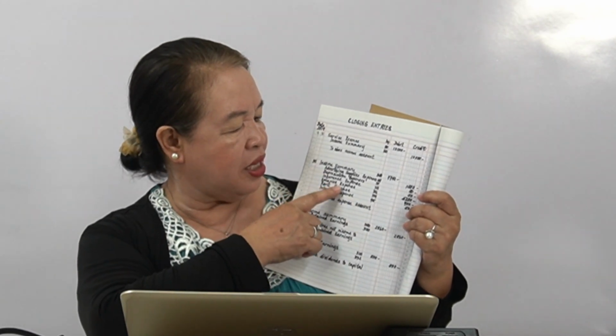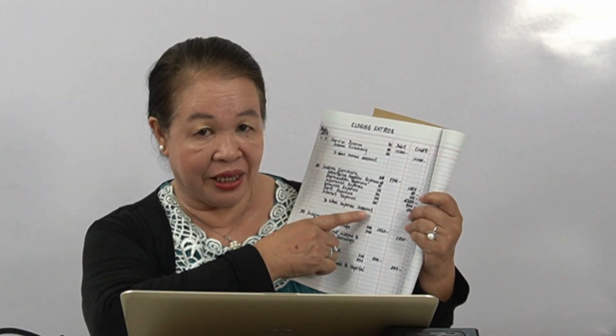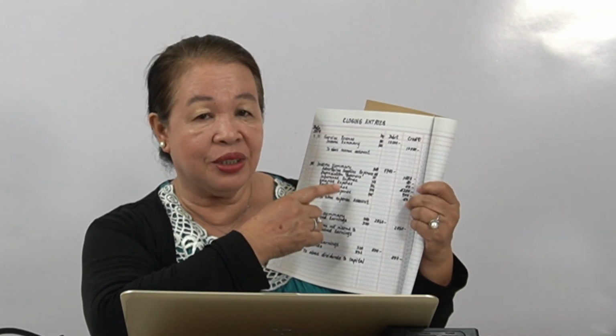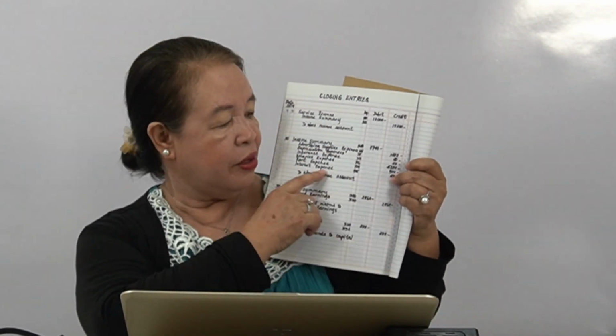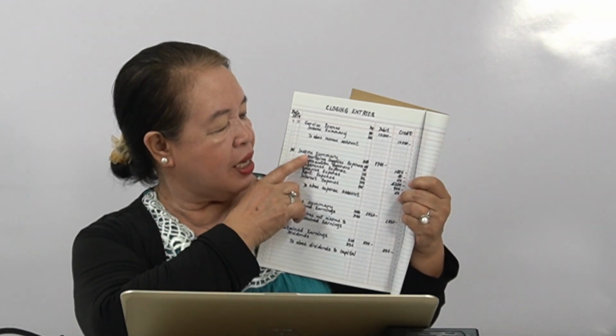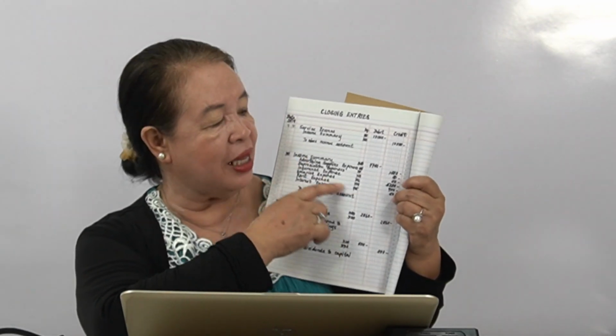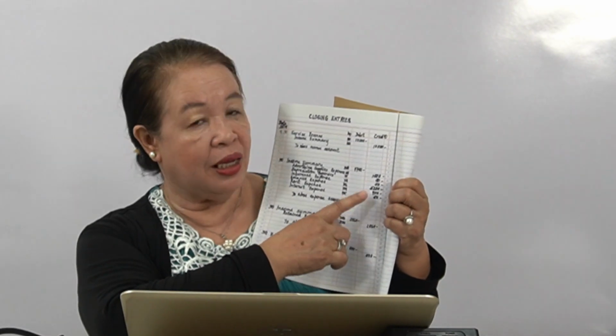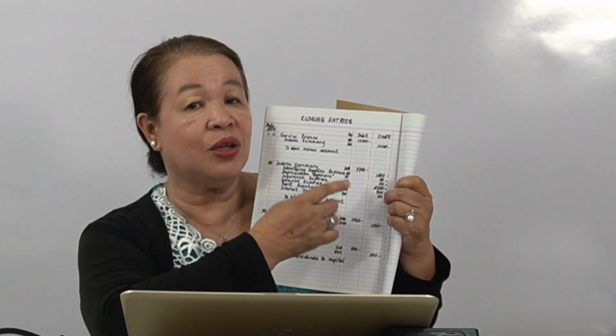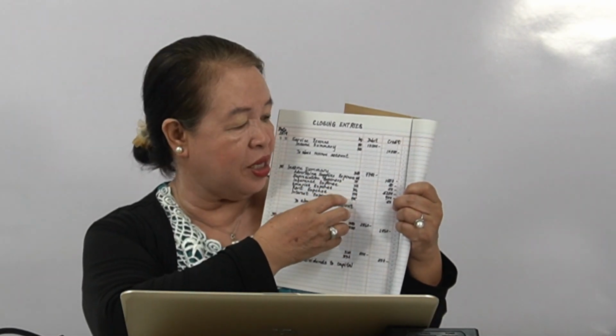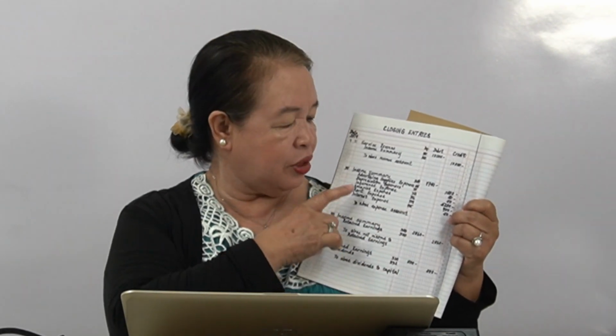Yung depreciation expenses, debit din yan kasi expense. Pero dito, since this is a closing entries, baligtad. No? So, kung mapapansin ninyo, ang dinebit mo dito yung income summary and then kinredit mo yung expenses. Bakit? Kasi i-close mo na yung mga expenses, i-claim mo na siya. No? So, saan mo siya kinlose? Sa income summary.